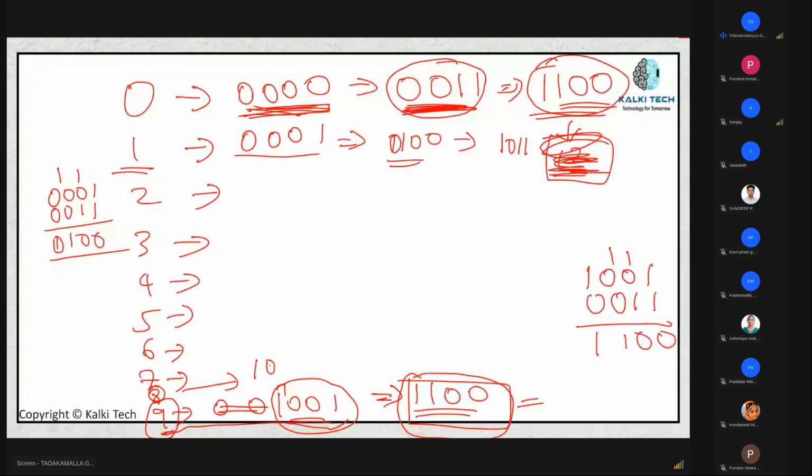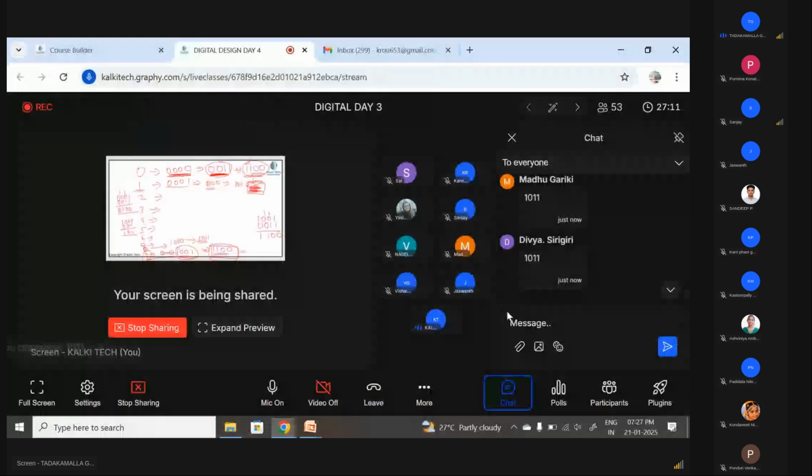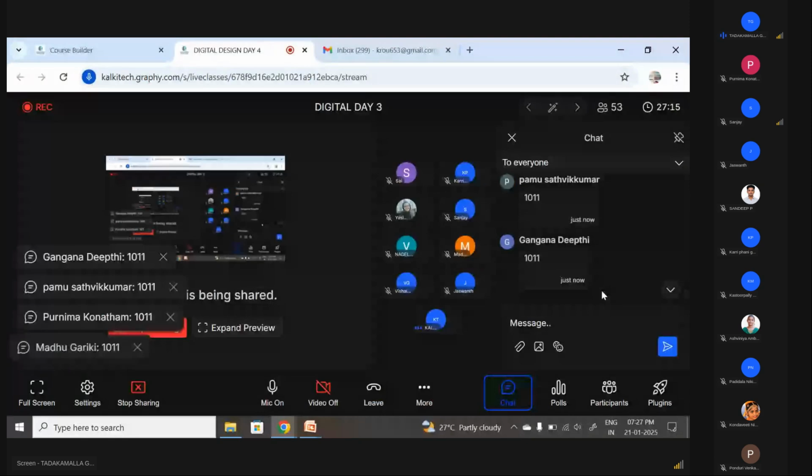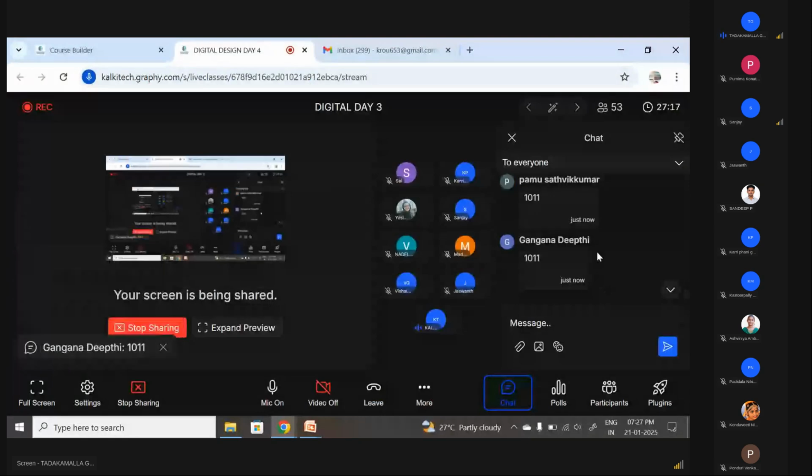If you add 0011, you get 1011. So the complement of the XS3 code of 1 is nothing but the XS3 code of 8. Can everyone see this pattern? Please confirm.